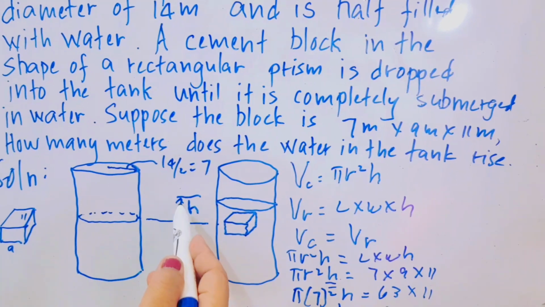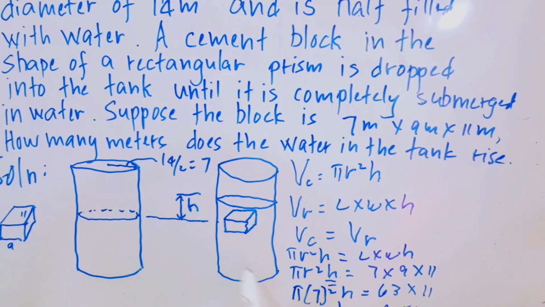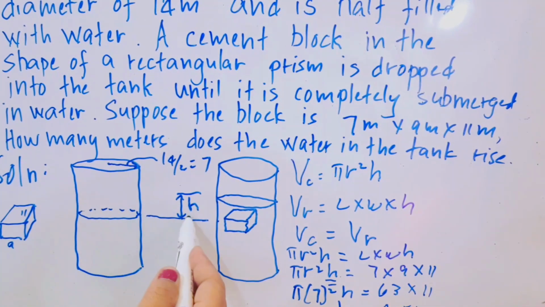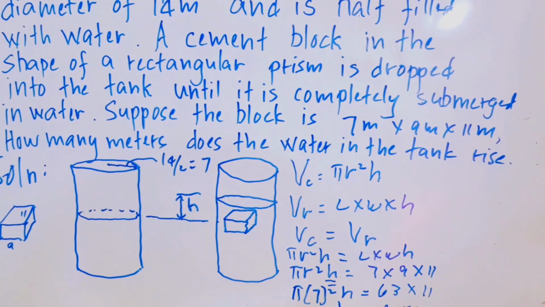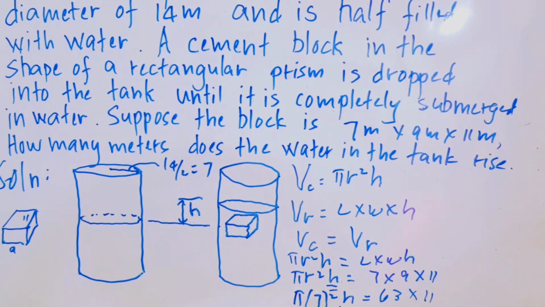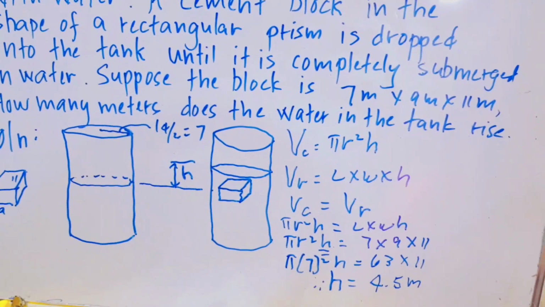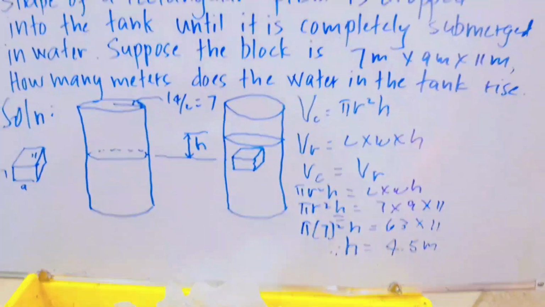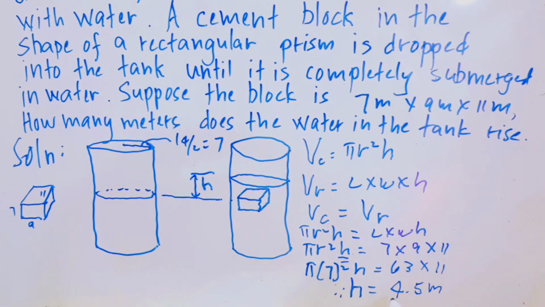So this is the one we're looking for: how many meters does the water rise? It will rise at a height of 4.5. So the answer is 4.5 meters. This is the one we're looking for.